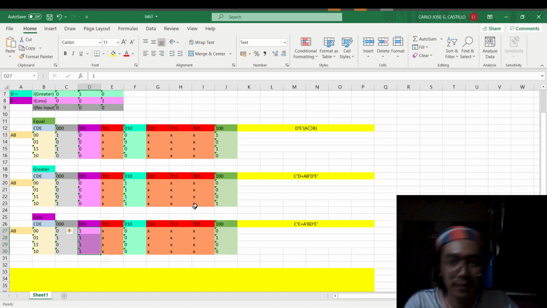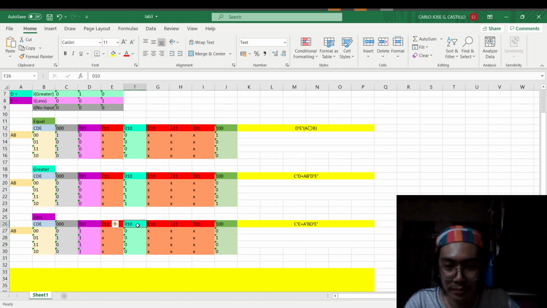That follows the same rule as the greater. If the most significant bit already said that A is less than B, then automatically the rest will follow through, because from the very most significant bit, we already proved that it is true that A is less than B. So we have the one values right here.